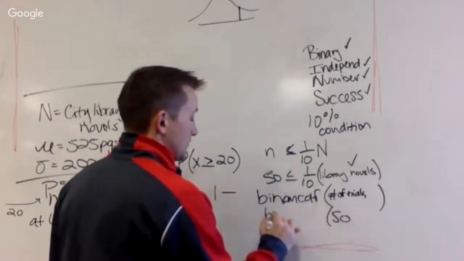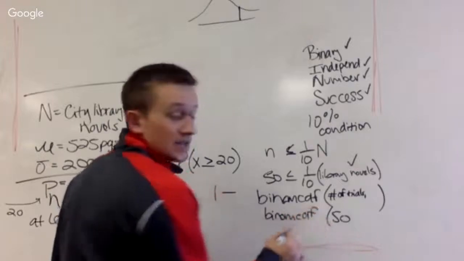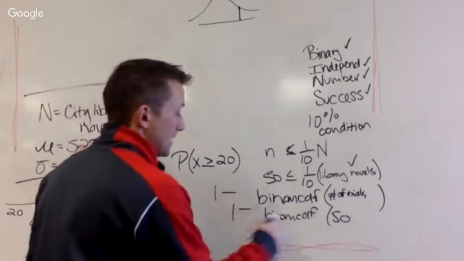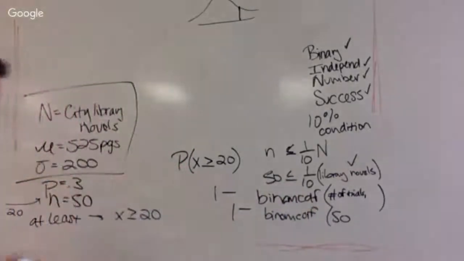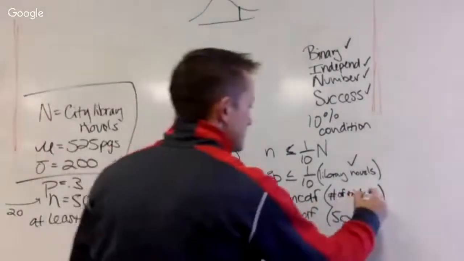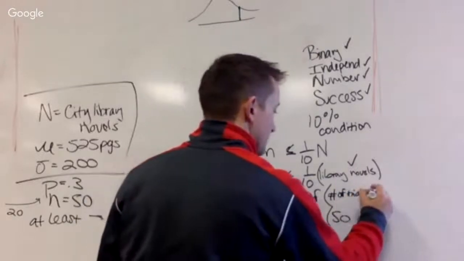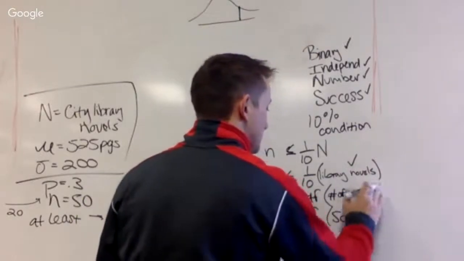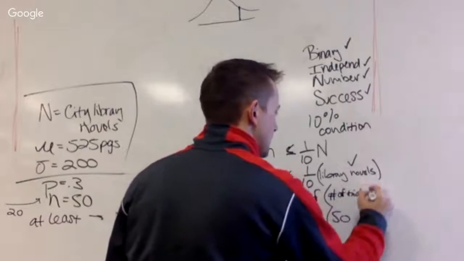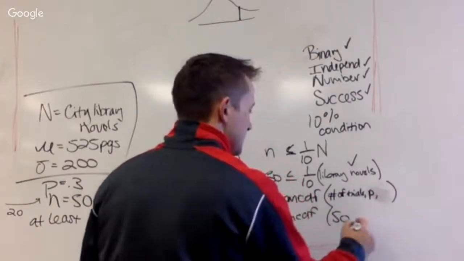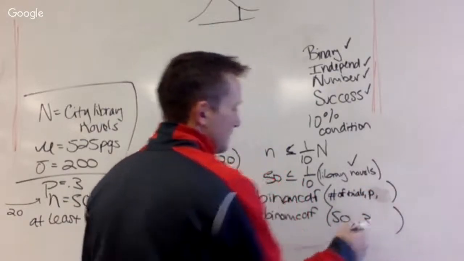I'm going to rewrite it down here. If I was doing an FRQ, I would know 1 minus this, right? So 50, then your p, which is the probability, 0.3, right? And this would be 0.3 where I put the values in.